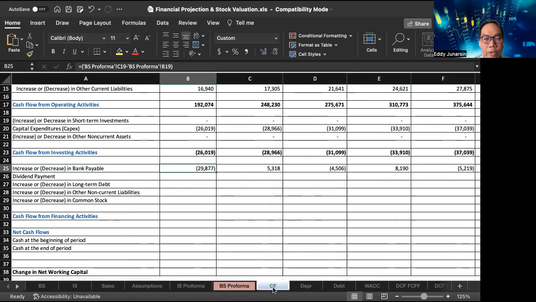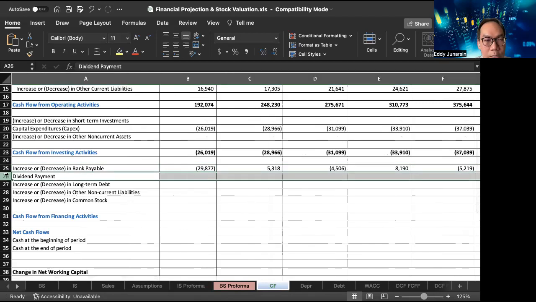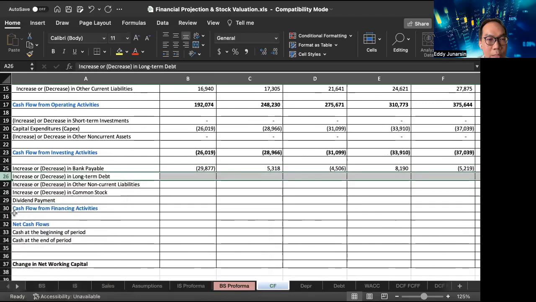So the relationship between the debt and cash flow is positive, right? Increasing debt will add more cash, and vice versa. Decreasing debt or repaying your debt will lower cash. Maybe I'll move this one later. Make it more systematic.